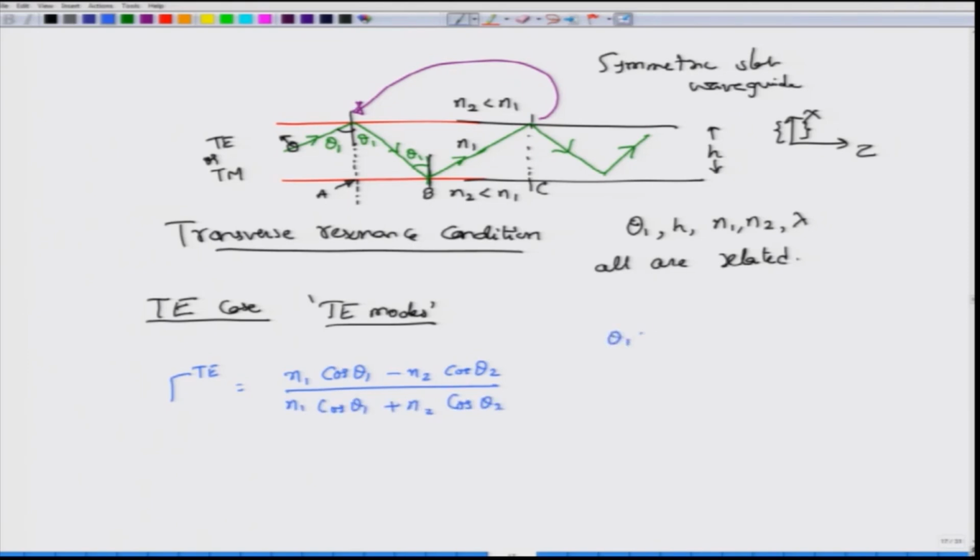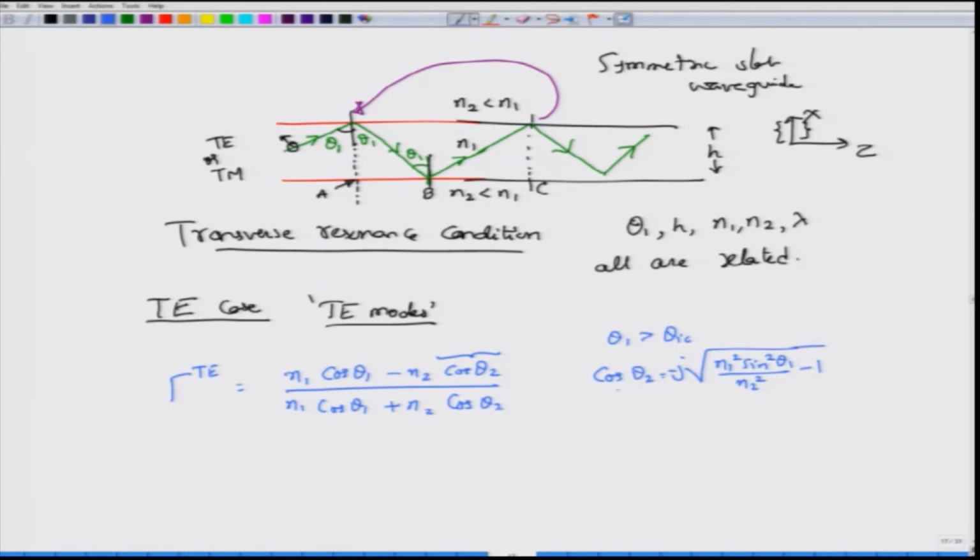Please remember that theta 1 is already greater than the critical angle, which means that cos theta 2 is going to be imaginary. We have seen this. In fact, cos theta 2 will be equal to the square root of n1 square sin square theta 1 divided by n2 square minus 1, with a minus j because of the appropriate evanescent wave condition that we have described.